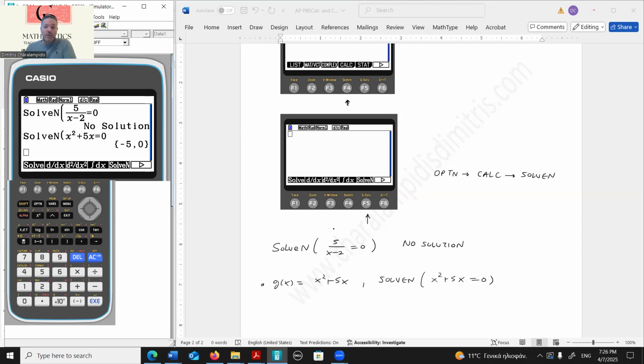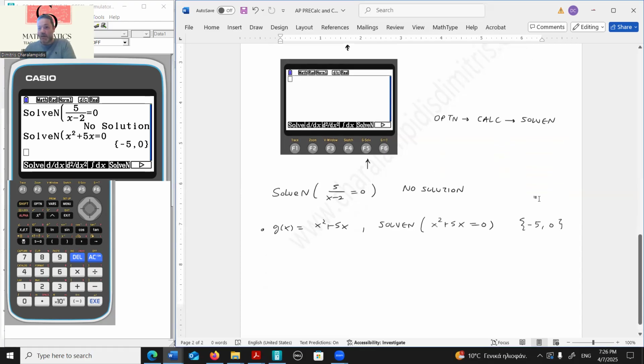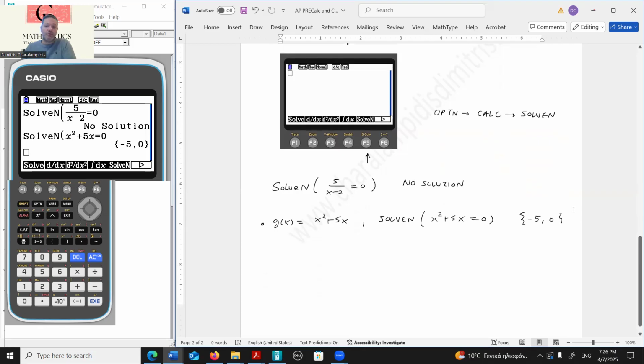Remember, ignore this warning, and we end up with -5 and 0. It's not one decimal point, it's two different solutions, -5 and 0.